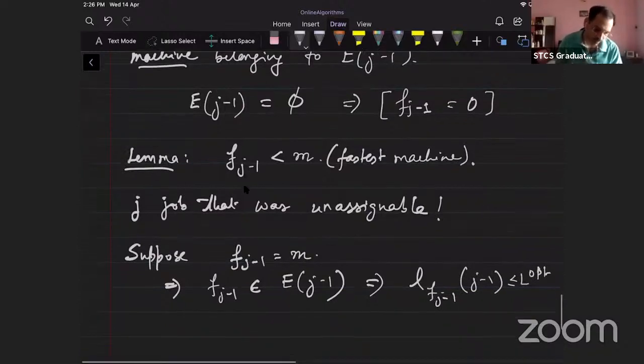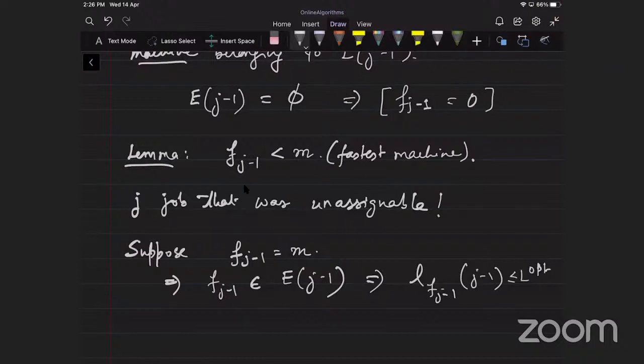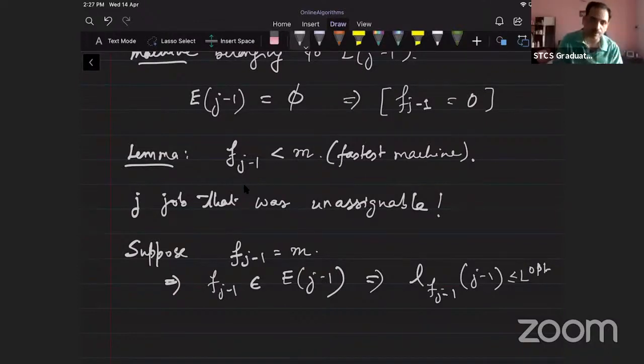Everybody with me so far? Yes. Okay. Now, moreover, what else do I need? Because M is the fastest machine, what can you say about LOPT and W_J divided by S_M? Can you compare the optimal load and the load put by job J on the fastest machine? Can you compare these two quantities?